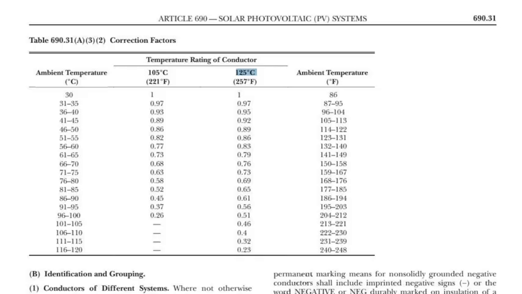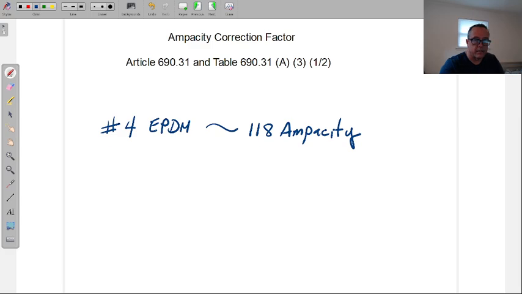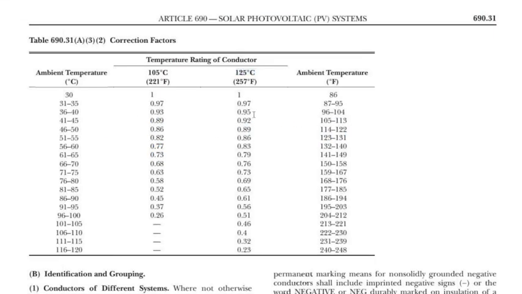In this case, our insulation is EPDM, and it sits in the 125 degree column. So when we come over here to this table, since we were dealing with 106 degrees Fahrenheit, our correction factor is going to be 0.92.